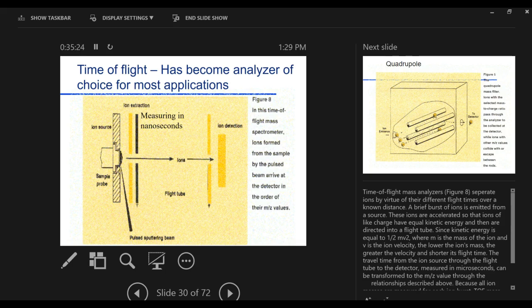And so we measure the time from giving it a zap here to the time it hits over here. Big molecules move slower, they don't get as much velocity. Small fragments move really fast. So zap it, and then I measure how long before I see it.